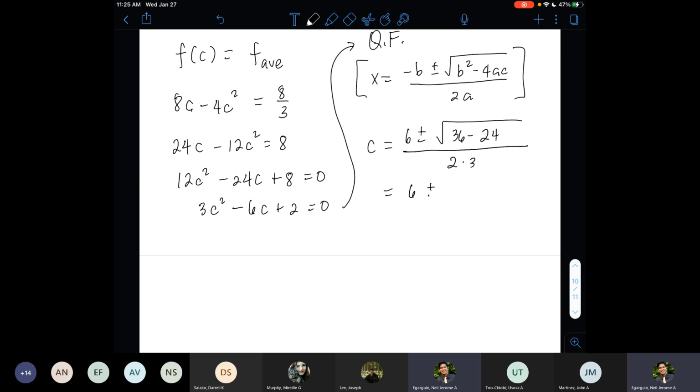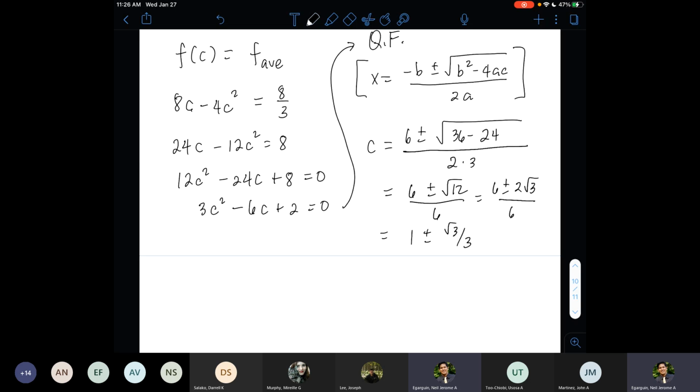So this would be 6 plus or minus root 8 all over 6, which will be 6 plus or minus 2 root 2 all over 6. And this would be, oh wait, this is not 8, that should be 12. You see that indeed you need to check my arithmetic. So this would be 2 root 3. And then simplify, you'll get 1 plus or minus root 3 all over 3, right?